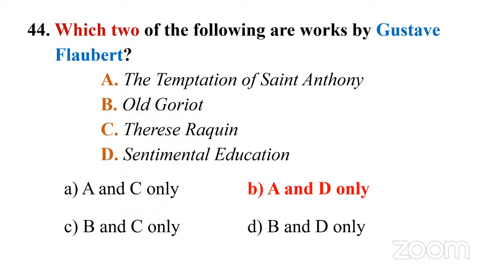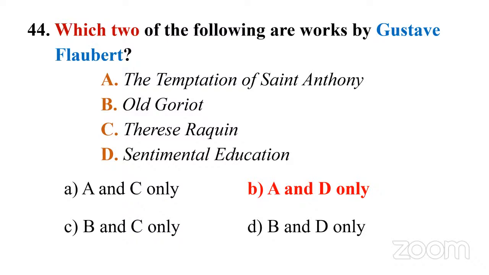The Temptation of Saint Anthony and Sentimental Education. These were the novels by Gustave Flaubert. But this is a bit tricky question, because whenever they ask questions concerning Gustave Flaubert, they always go for his famous work, Madame Bovary. But this time they have gone for the other works of Gustave Flaubert.